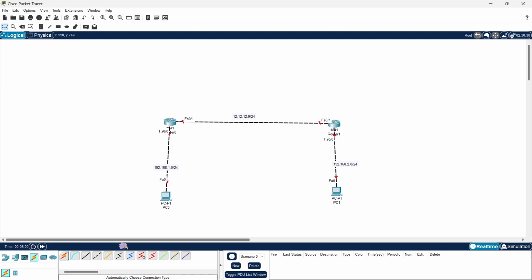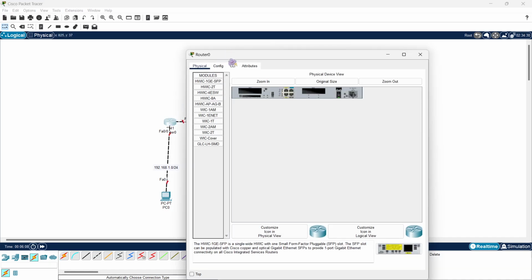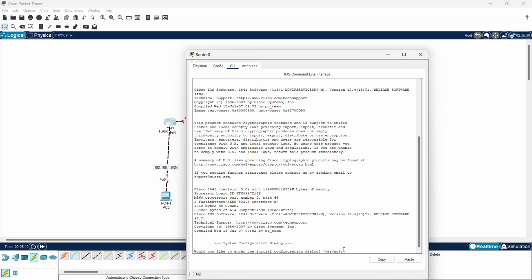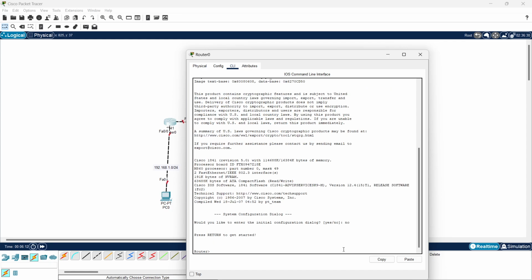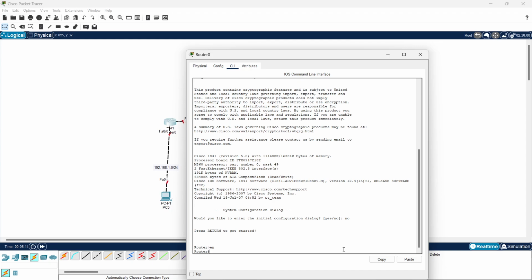So now we're going to configure router 0. We get into the CLI mode, and as usual, we get into the configuration mode first.